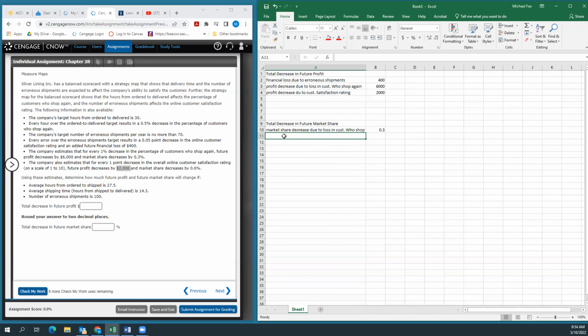And then the last one here, the company also estimates that for every 1 point decrease in overall online customer satisfaction rating, future profit decreases by 2,000 and market share decreases by 0.6. So I'll say market share decrease due to customer satisfaction rating.